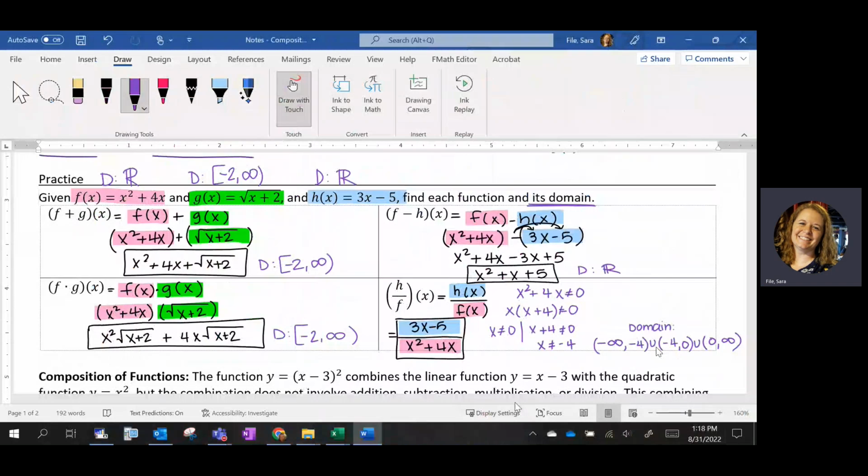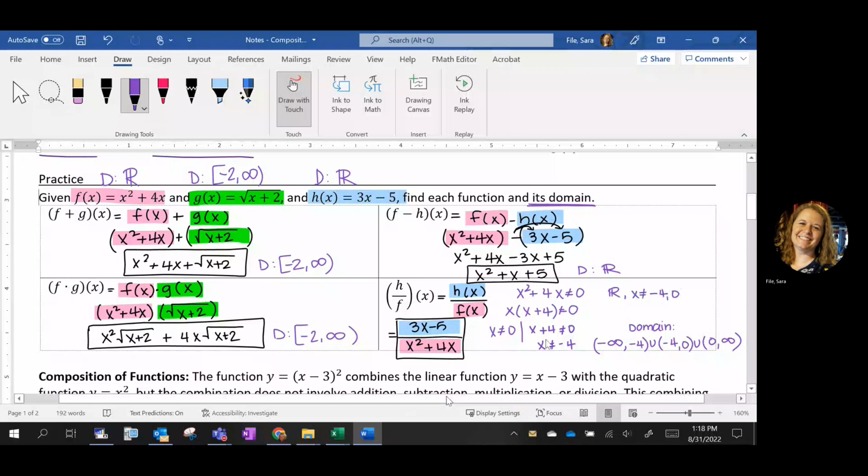There's a gap at negative 4 and 0. The function does not exist at those two values. An alternate way to write that would be to say it's all real numbers except for negative 4 and 0. It's everything, but x cannot be negative 4 or 0. But this is how it would show in interval notation.